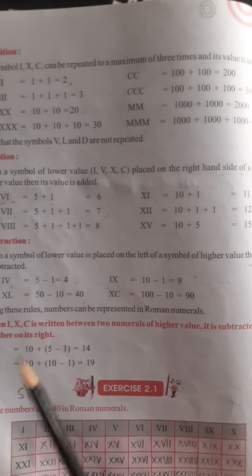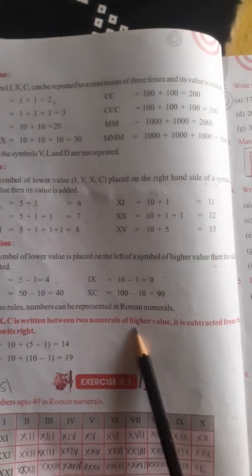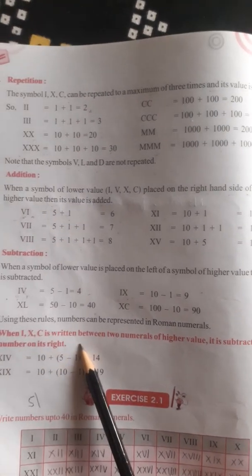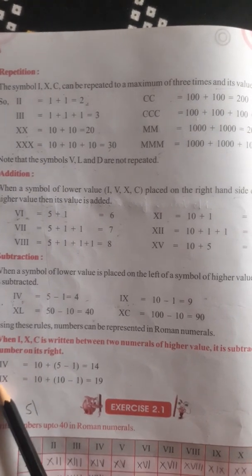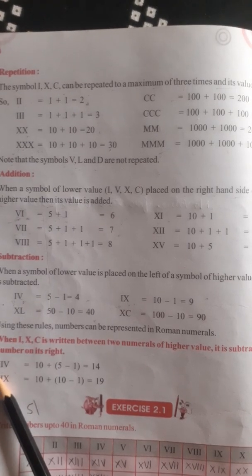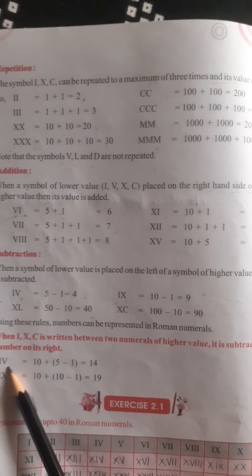Rule number 4. When I, X, C is written between two numerals of higher value, it is subtracted from the number on its right. For example, X I V. X means 10 which is greater, I means 1 which is smaller, and here the number V means 5.